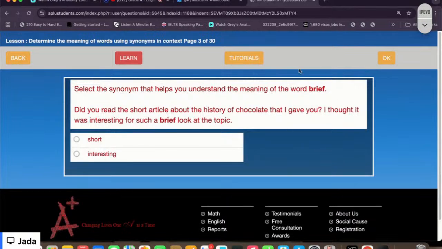So we have brief. Did you read the short article about the history of chocolate that I gave you? I thought it was interesting for such a brief look at the topic.